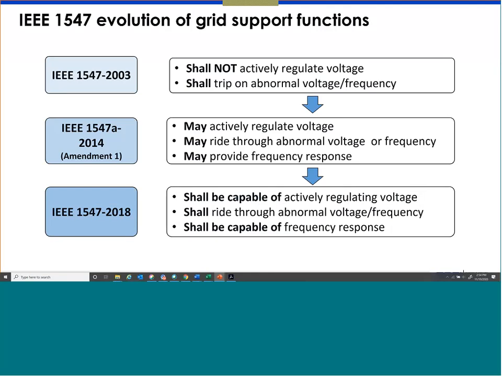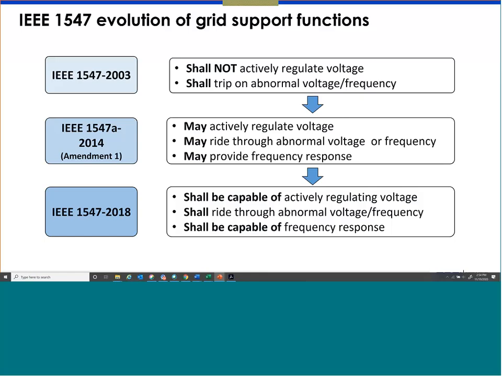That's why there was an amendment done in 2014, which basically removed those sentences where it says shall not and replaced them with a may condition: may actively regulate voltage, may ride through. It removed the barrier but did not specify anything specific about what it has to do. So it depends on the utility and the vendor what they want to do. That was still okay because it allowed the California Rule 21 Phase 1 functions to be implemented. Several utilities did pilot projects with some level of smart inverter functions.